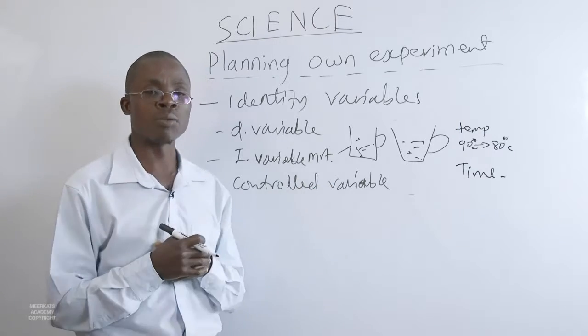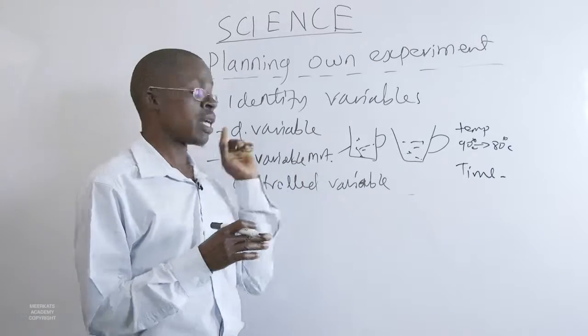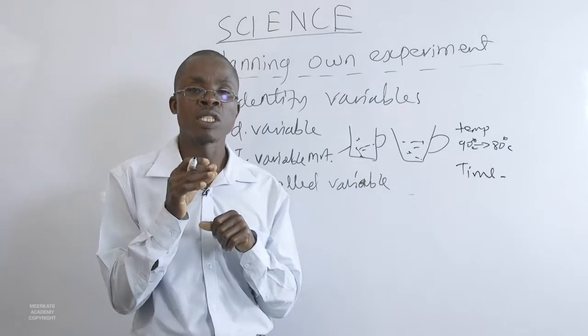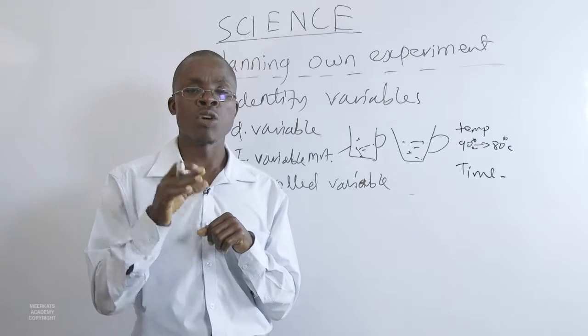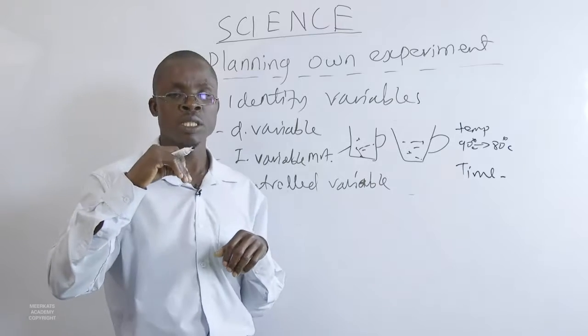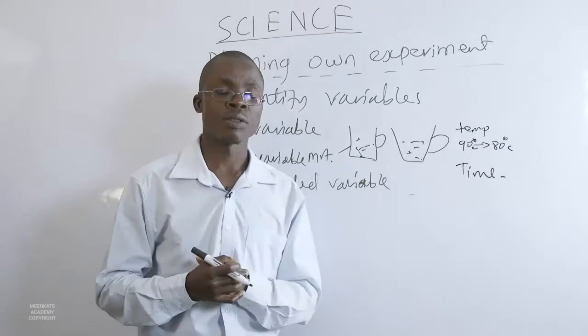Then what is a controlled variable? This is a variable that is dependent, but you make it to be constant. You make it to be constant in all the tests you are carrying out. Let's have an example here.